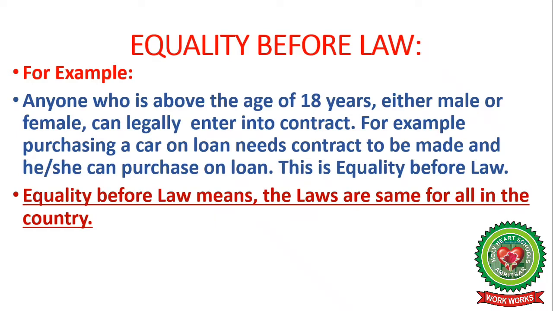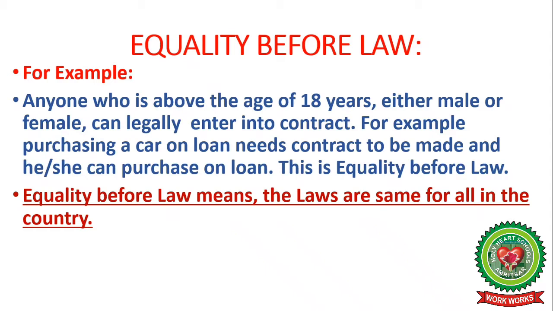Now, suppose anyone wants a car. He is above the age of 18 and doesn't have money to purchase. He can simply go to the car showroom. The person is either he or she. If the showroom person wants to give him on loan, he will get it signed.